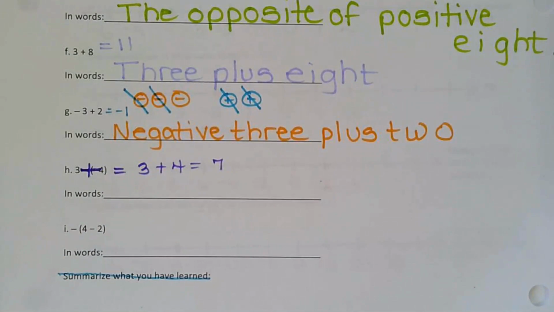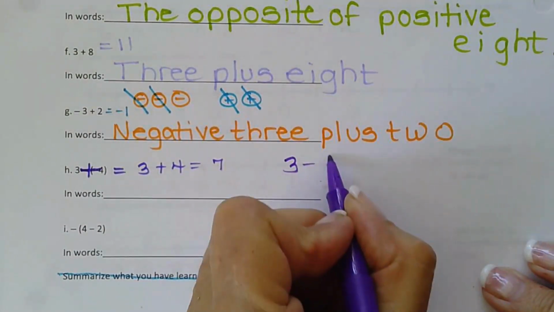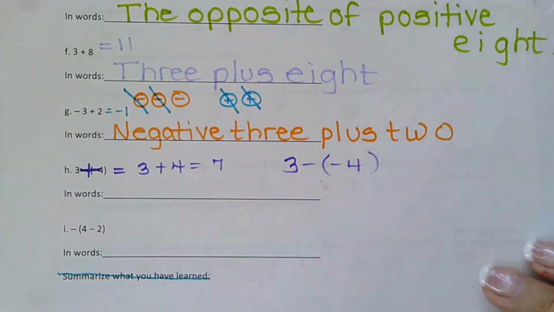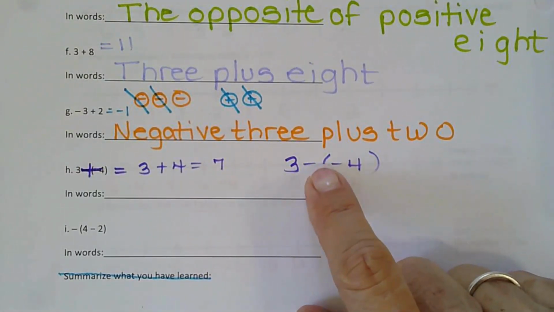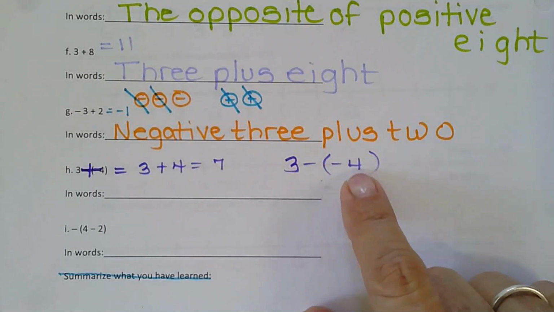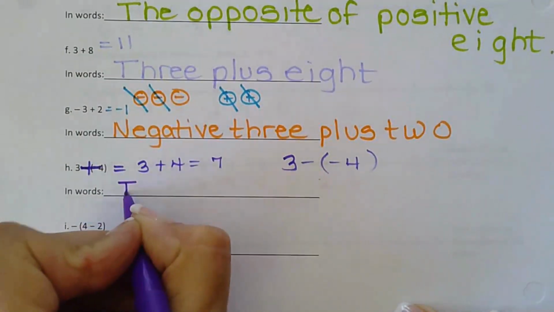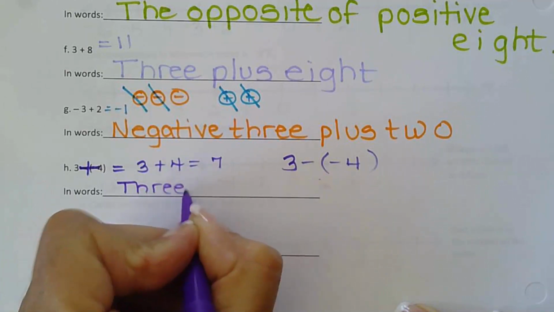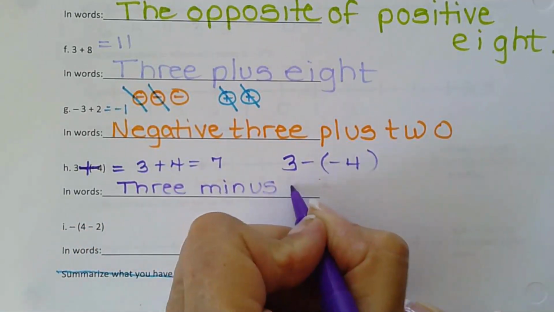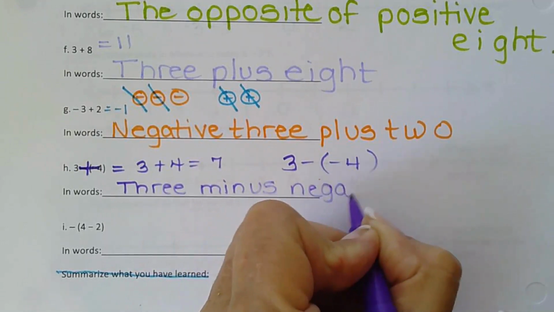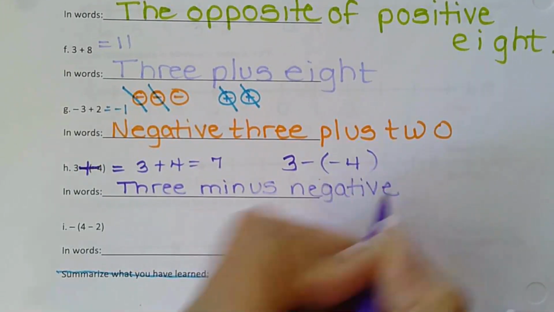But I should have written the words before I did that double negative thing because they want the words for the original problem. So that would be 3 minus negative 4. Oh dear, wasn't this the one on the last video or 2 videos ago?